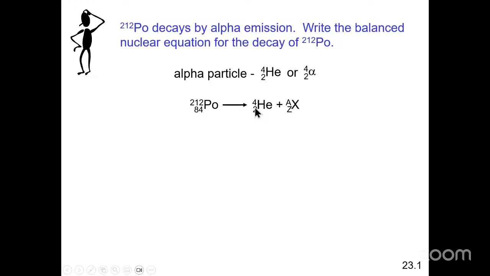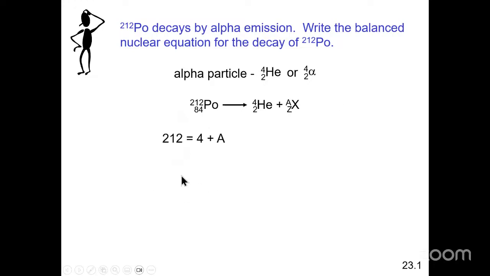Now you put the unknown nucleus, X, with a mass number of A and an atomic number of Z. Keeping in mind that the mass numbers and the atomic numbers must be conserved on both sides, you can write down two equations: one relating the mass numbers of the nucleus on the left to those on the right, and another relating the atomic number of the nucleus on the left to what is present on the right.